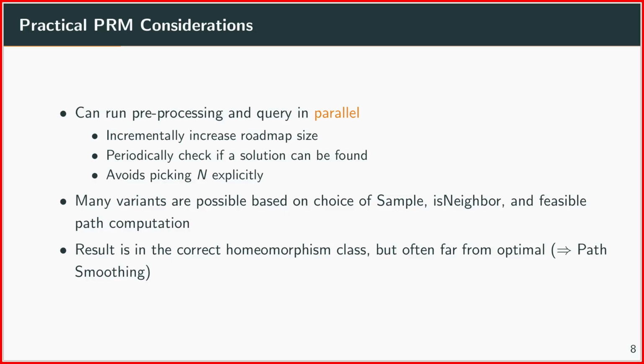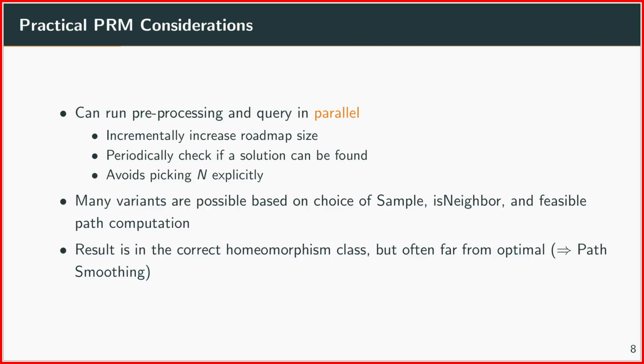Now some practical considerations. One thing which you can actually do to speed everything up is that you pre-process the roadmap and you query in parallel. Which means that you incrementally increase the roadmap size and you periodically check if a solution can be found. And this is a nice way because now you actually avoid picking n explicitly.